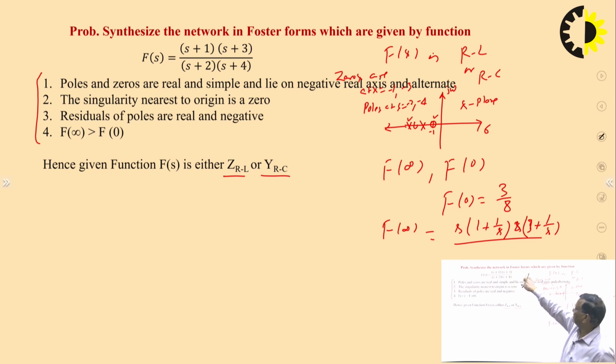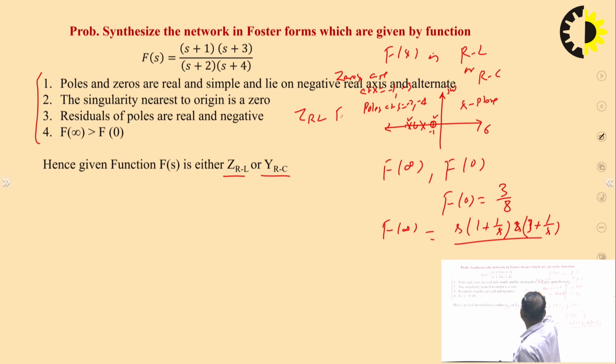Now the question is Foster forms. This problem can be solved in three different ways. Some will try to find ZRL Foster first, YRL Foster second.